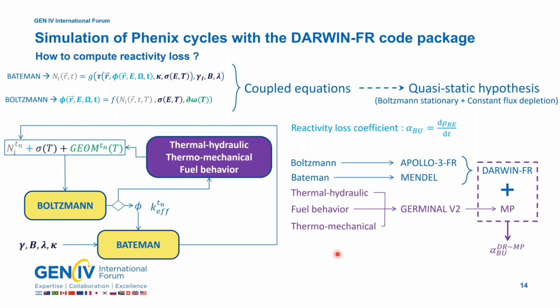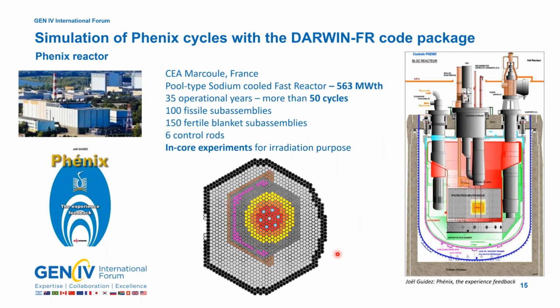Those experiments are quite few for sodium fast reactors, but hopefully in France we have the Phenix reactor, which was a pool type sodium cooled fast reactor of 563 megawatts, which is enough to observe a significant fuel depletion and then significant reactivity loss. It has been operated through more than 50 cycles. So in these 50 cycles, we will have enough experimental feedback to assess our tool.